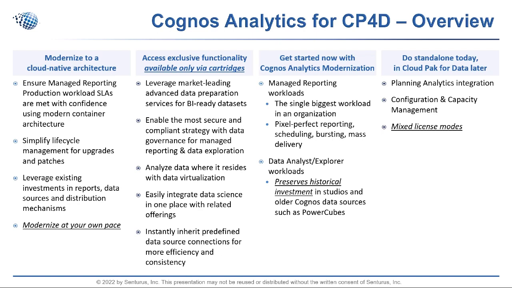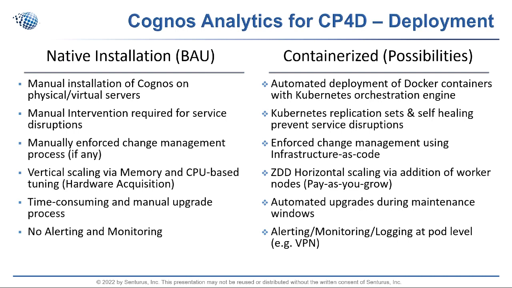Okay. An example that I've heard different people talk about is what happens when you deploy Cognos Analytics. On the left side is what you're used to. That's how you normally deploy Cognos, the native installation, today's standalone product.